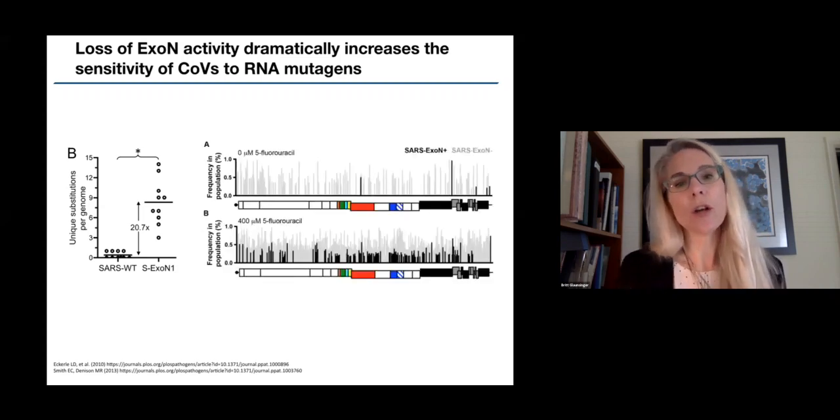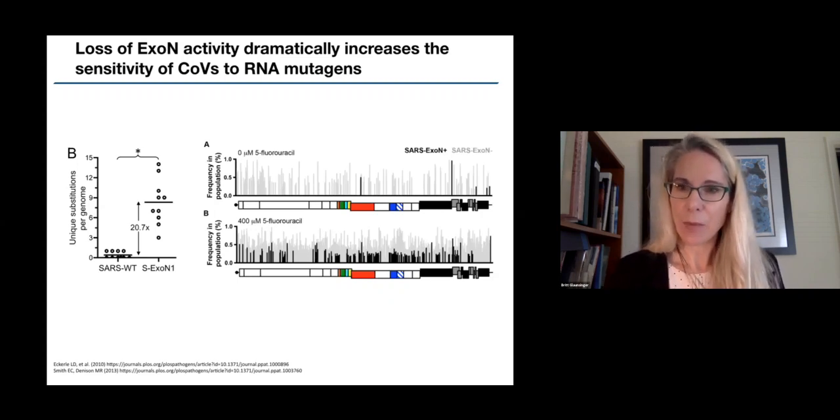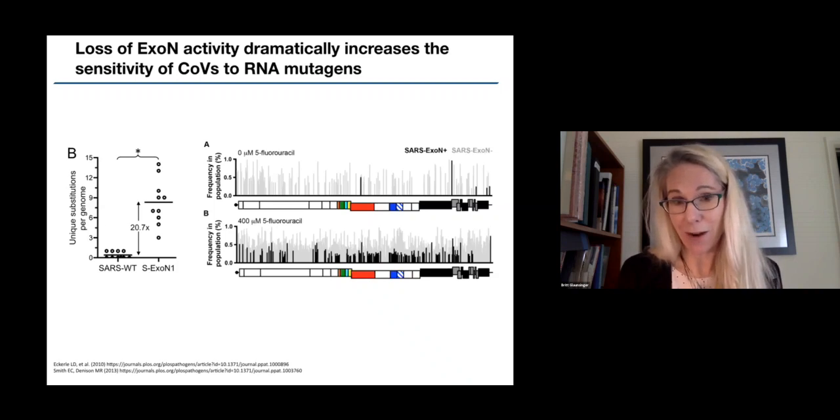You can see this on a genome-wide scale here, looking at the upper plot, where the wild-type virus is denoted by black lines. You can see the changes that are happening during the rounds of wild-type virus replication. There's a few. But the gray lines are the mutations that are happening in an ExoN mutant, and so they're dramatically increased across the virus.